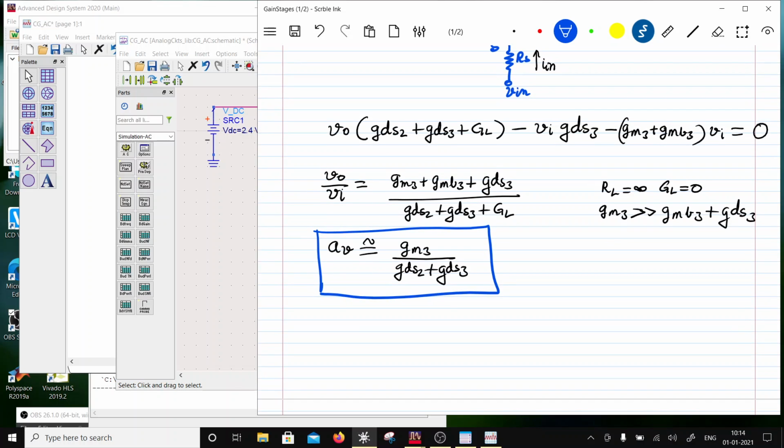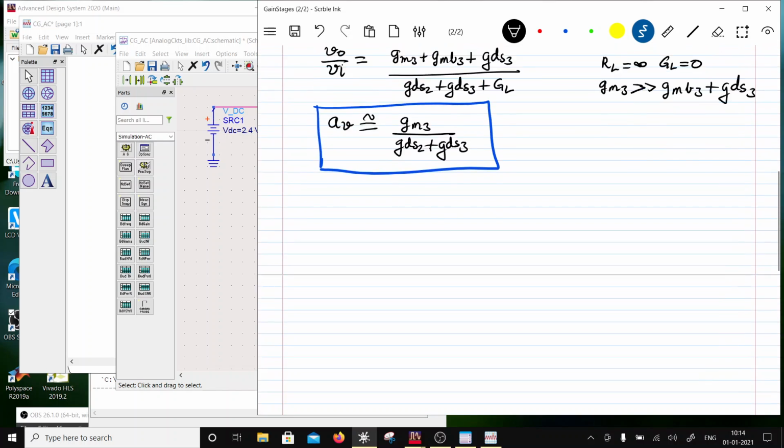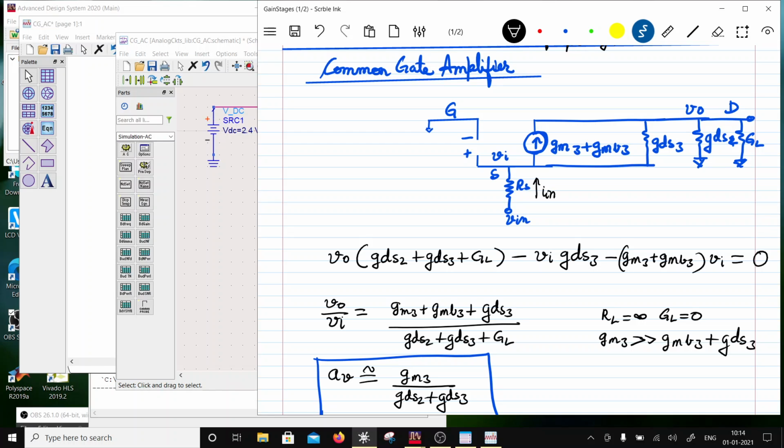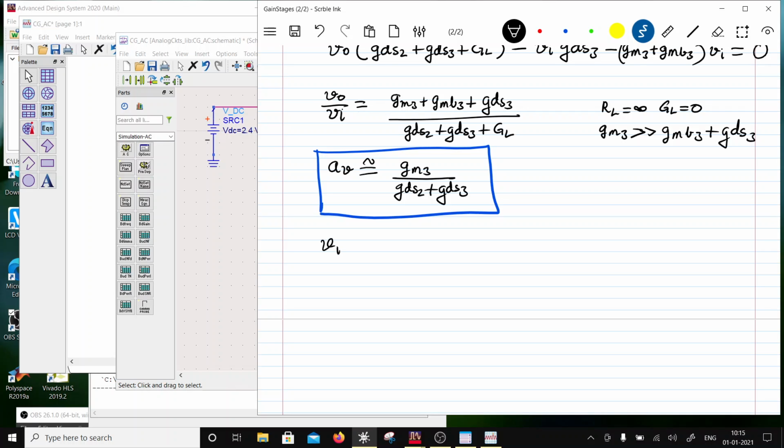So that's very simple. Now let us look at RI. Sorry, let's look at the Kirchhoff's current law at the input node, or VI. So for VI, all the conductances connected to this are GDS3, right?